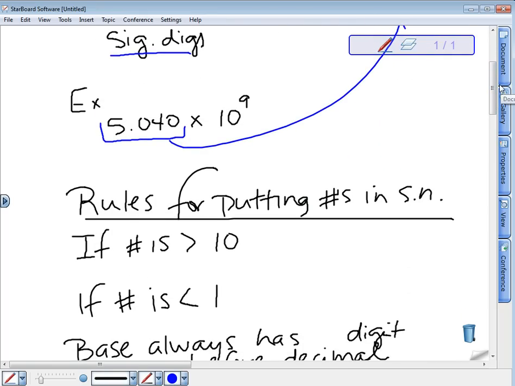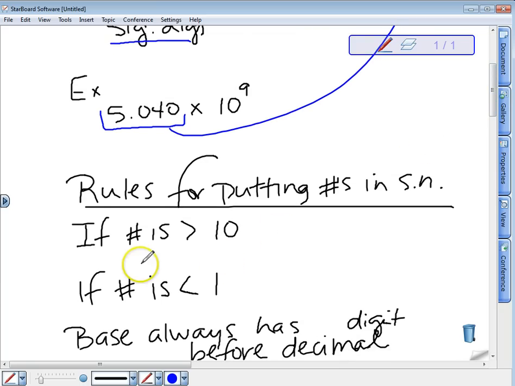Okay? So, rules for putting numbers in scientific notation. If the number is greater than 10, that means your exponent on the 10 is positive.